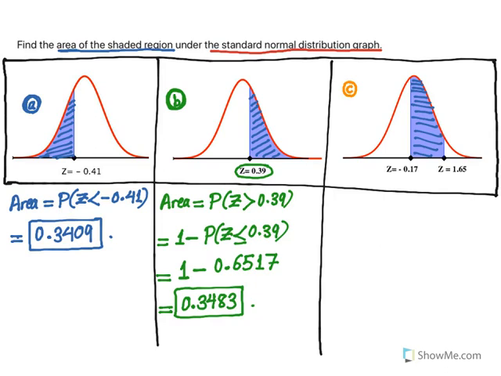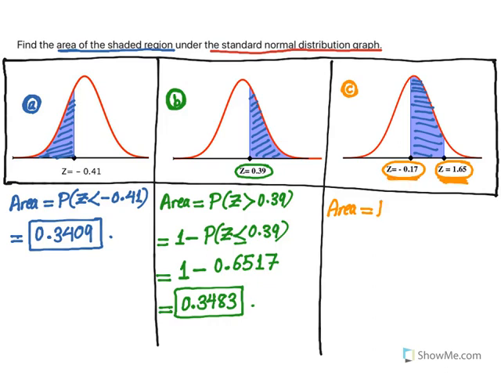So now, for part C, you want to find the area between two Z scores. You have a negative Z score and a positive Z score, and you want the area between. Now, to find the area between them, you take the area below the bigger Z score minus the area below the lower Z score.